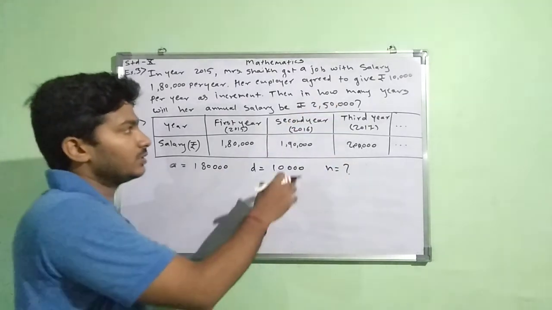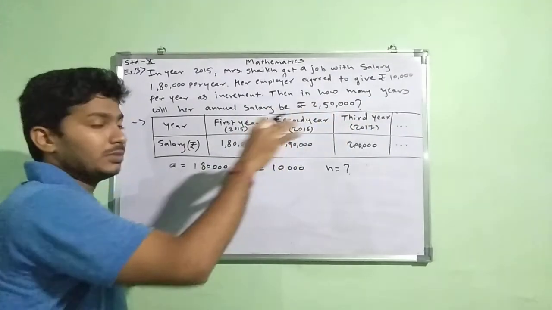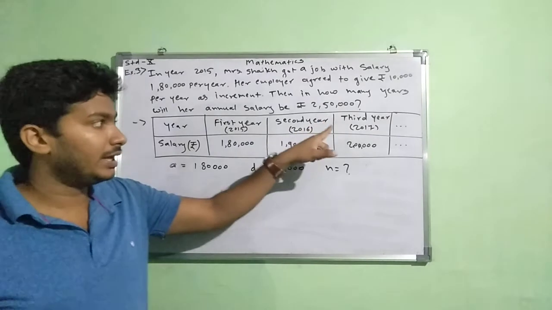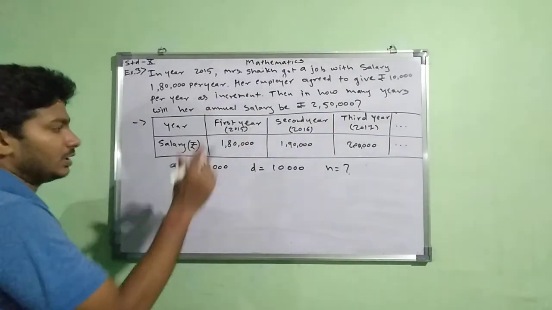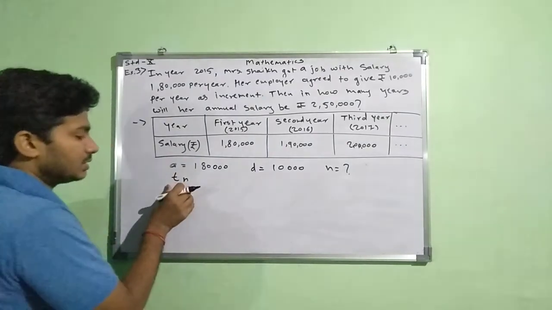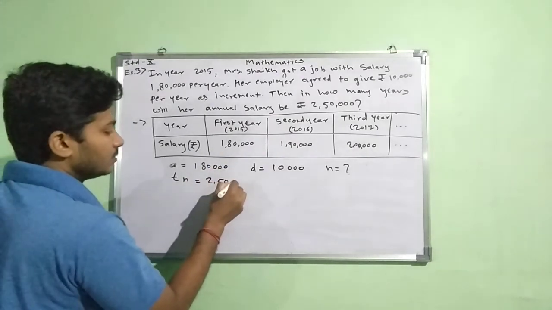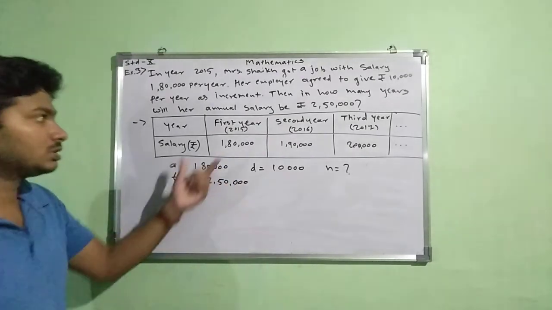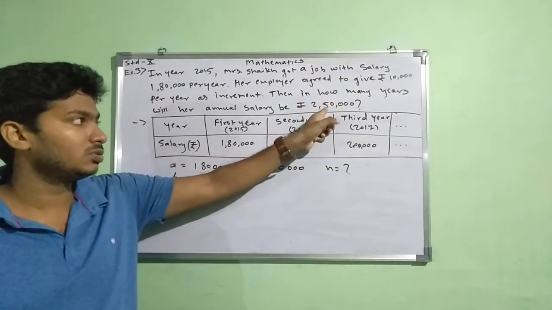One more thing is given, that the 2,50,000 is reached after n years. That means in the nth year her salary will become 2,50,000. So we can write Tn, the nth term, as 2,50,000, because from the given data we know that in n years her salary will become 2,50,000 rupees.